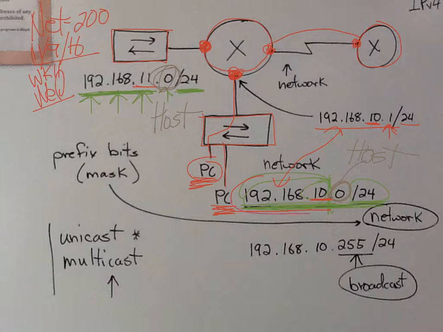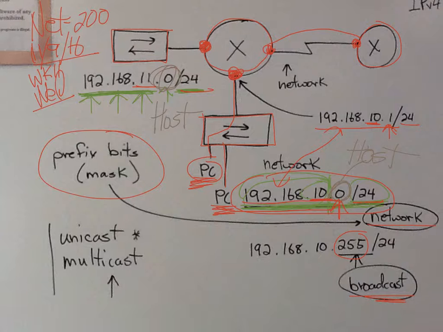This here is a network address. It has a 0 there, and this part's the network. If that was a 255, it would be a broadcast. This 24, in these cases, those are called prefix bits.